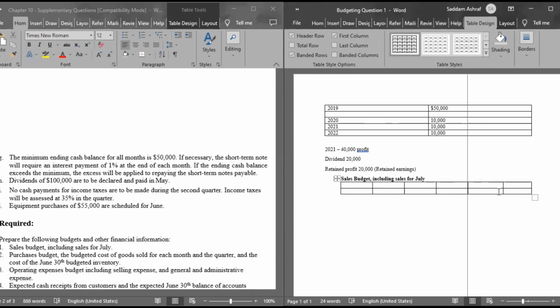This is the format of the sales budget. Our budget period starts from April.